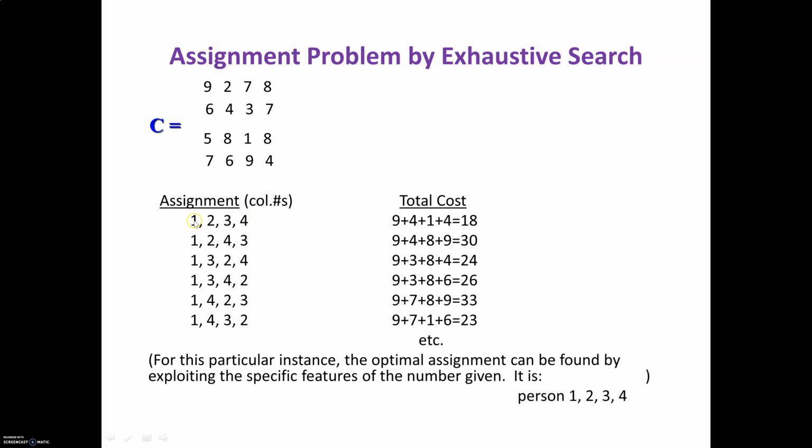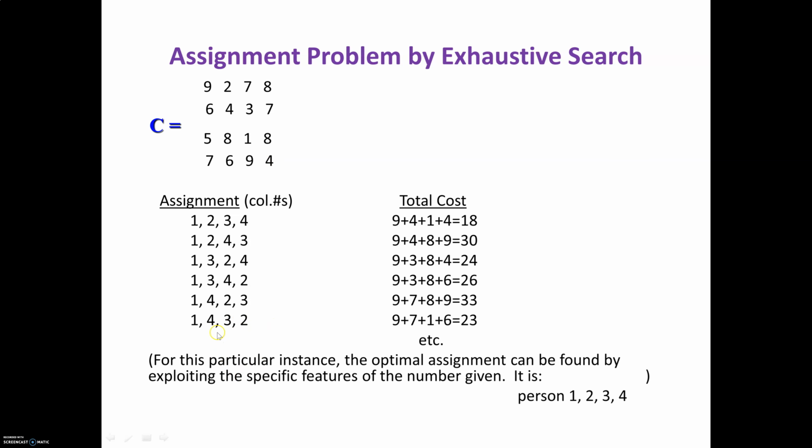The first person with the first job is 9, the second person with the second job is 4, the third with the third job is 1, and the fourth with the fourth job is 4.